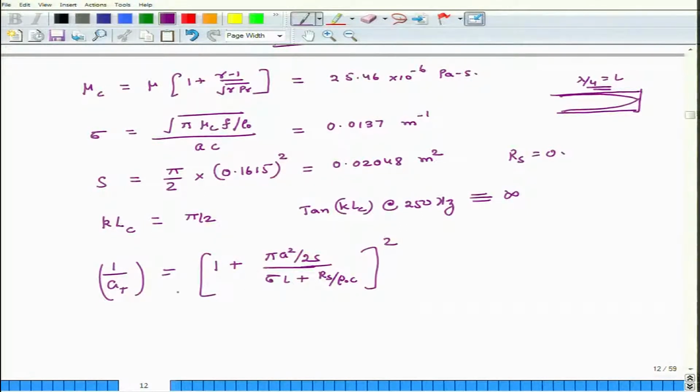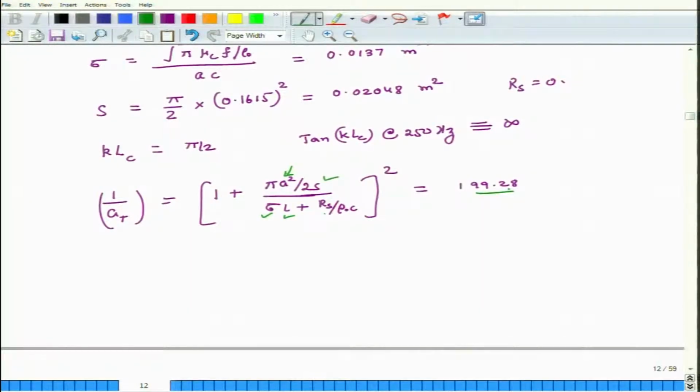And in this we know everything, all the terms are known, and if I compute this, this works out to be 199.28. We know A, we know S, we have calculated sigma, we know L, Rs is 0. So, this comes out to be 199.28.